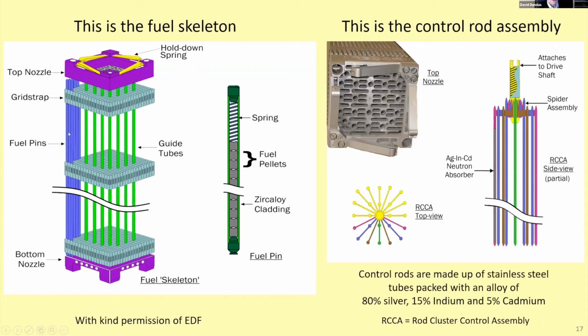They're all loaded in here, lots and lots of them, and you can actually see from the top, this top nozzle, which is this part on the right, they are loaded into the slots that you can see here.